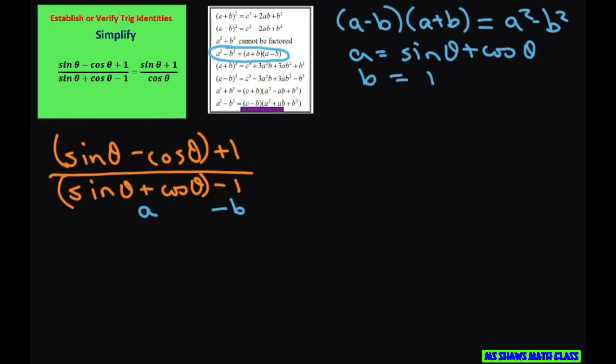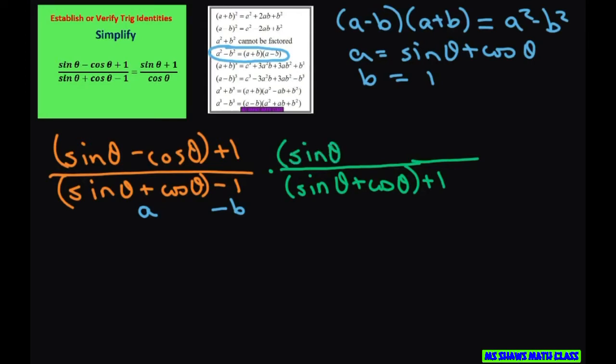So the conjugate, when you multiply it by the denominator, you just write the same thing, your a plus cosine theta, then you're going to write plus 1. You're also going to have to do the numerator the same way. So it's going to be sine theta plus cosine theta plus 1.